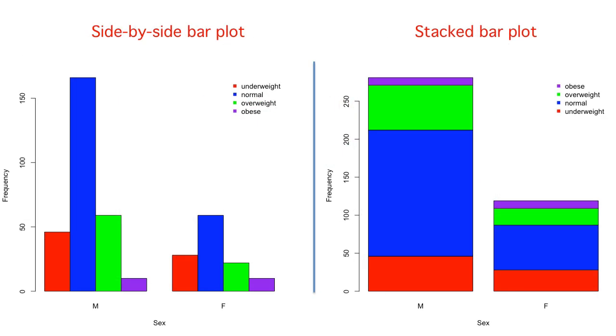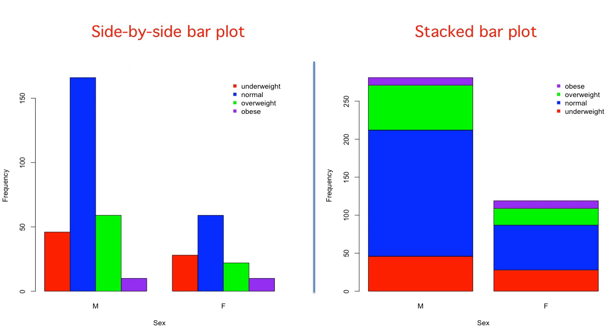For a graphical display of the joint distribution, we can plot the frequencies in either side-by-side or stacked bar plots. I've constructed them so that the height of each bar is the number of skeletons in each body mass classification for each sex. From the side-by-side plot, it is clear that there are many more skeletons in our data that are males with body mass index in the normal range than skeletons in any other category.